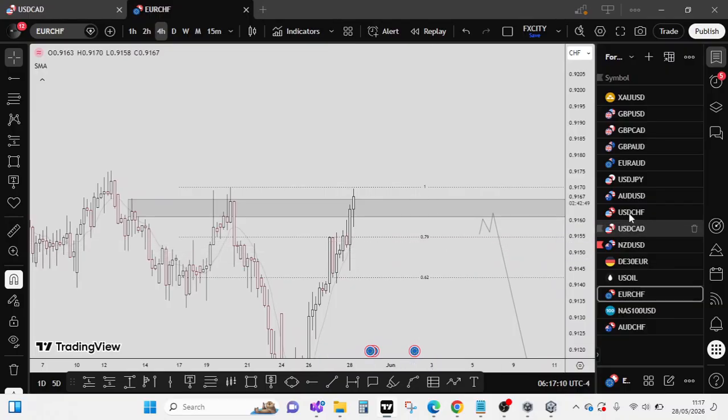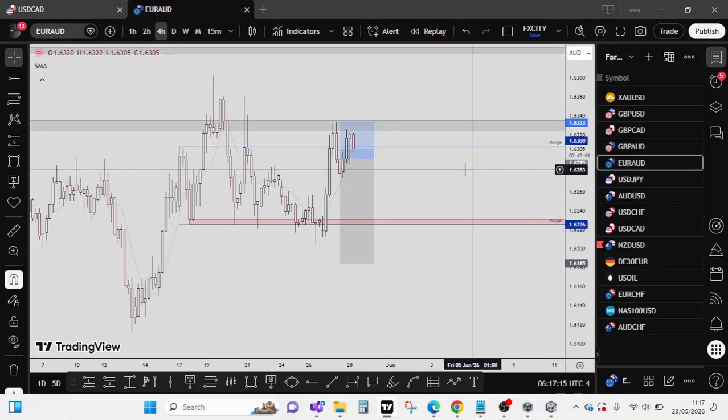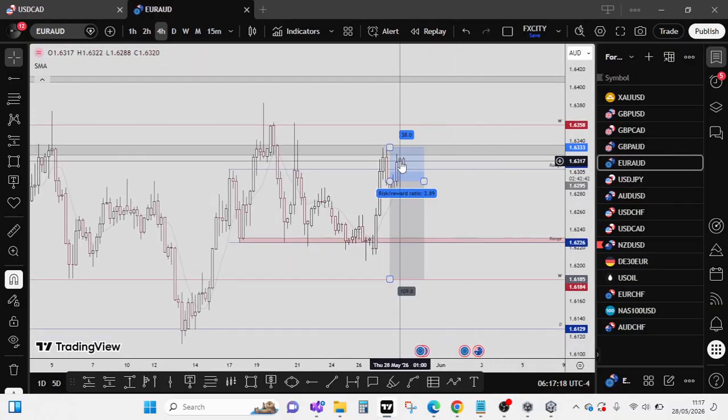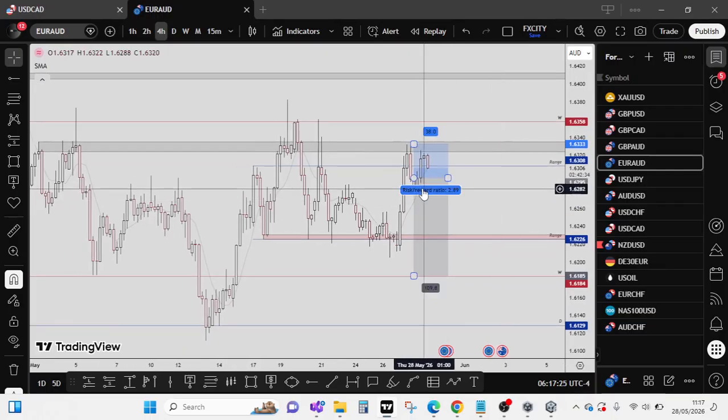Another trade that I took, this one is Euro AUD. I took this trade here, but then I closed here. Why did I close here? Because we had this reversal to the upside here on these two candles, and then when this candle came in, price dropped all the way to the entry price there, and then it started to reverse back to the opening price of this candle after this huge drop.